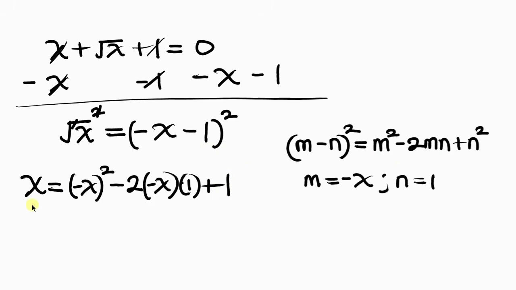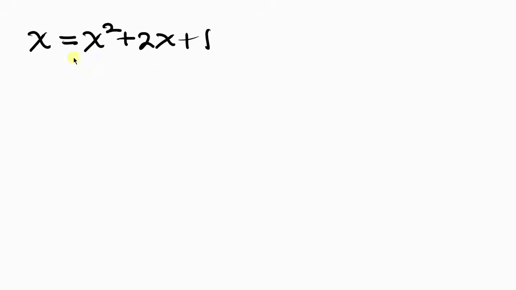Very good. Let's simplify further. So x will be equal to negative x squared, which is positive x squared, right? Very good. Now negative 2 times negative x times 1 will be positive 2x, and then plus 1. Very good. Now let's move everything to one side.